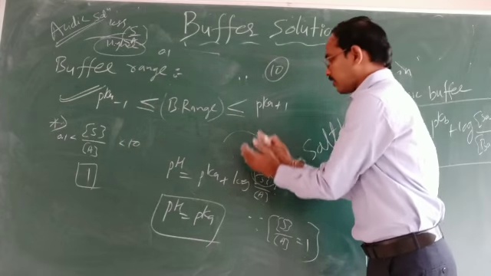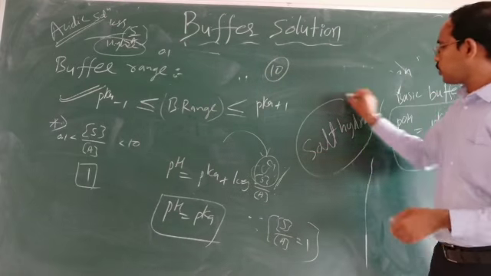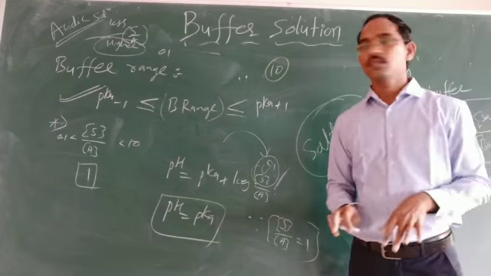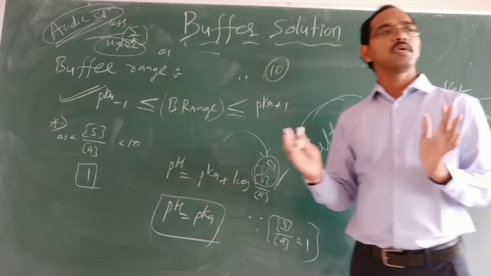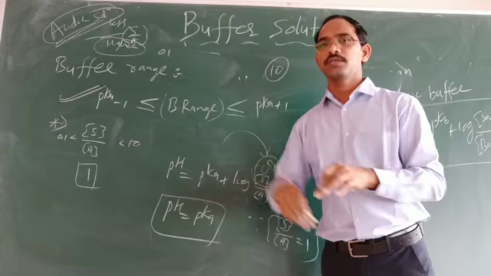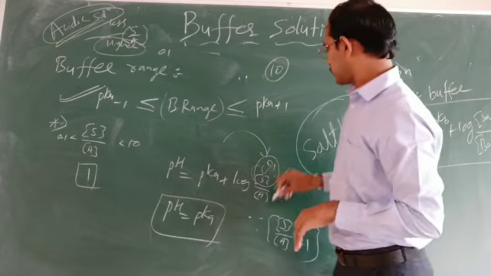If the value is greater than 10, then the given solution may be salt hydrolysis. If it is less than 1 by 10, it behaves like an acidic solution. If it is between the two, it behaves like a buffer solution. See, the solution type depends on the quantity. So we will solve one question based on that.